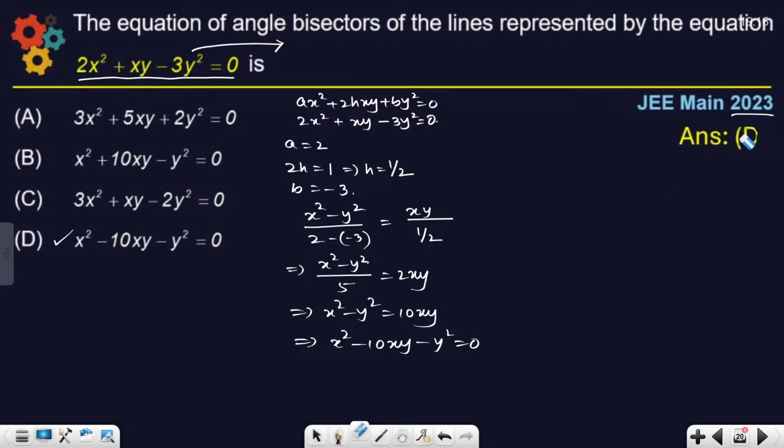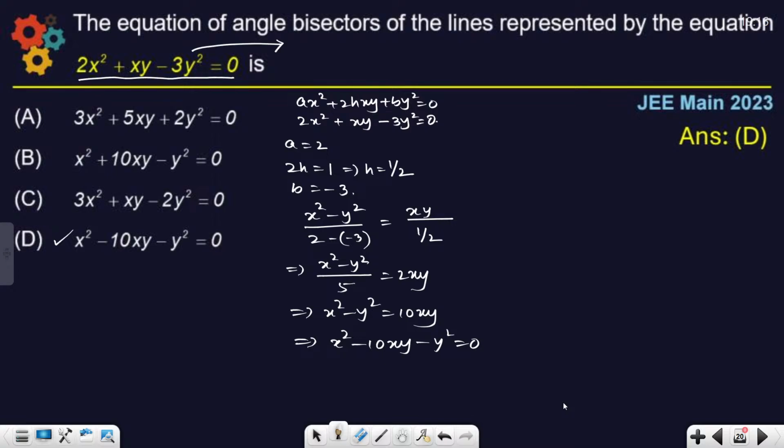But it will be easy for you if you know the formula. Otherwise, it will be a hectic job for you to find out the equations of the lines, then find the angle bisectors, and then combine them again to get the combined equation.